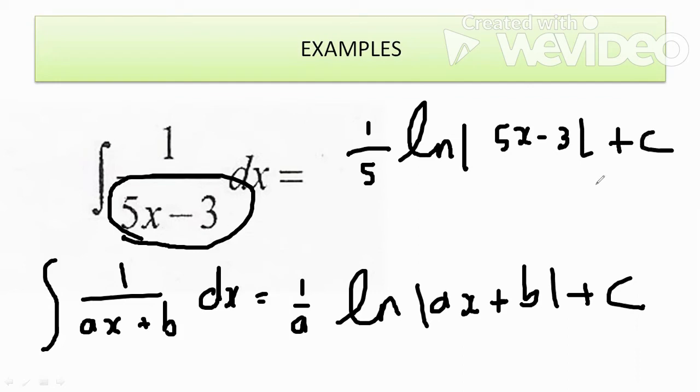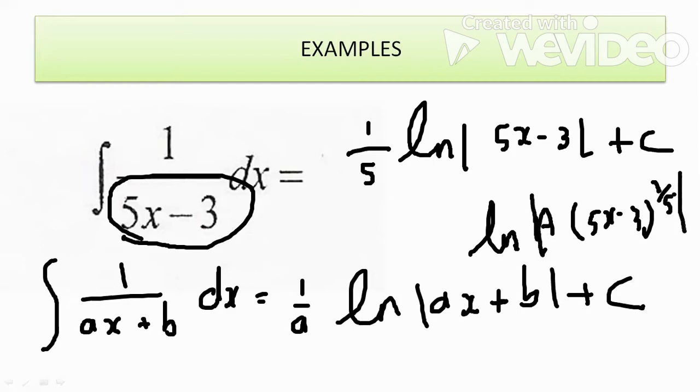Or we can convert this c to ln a, and we end up with ln a times 5x minus 3 to the 1/5 power, and all of that should be positive.